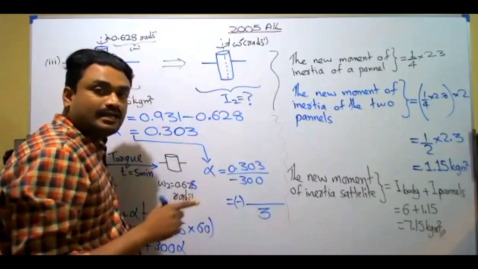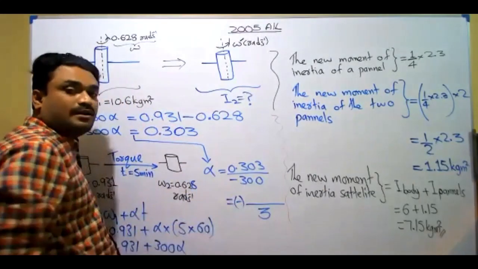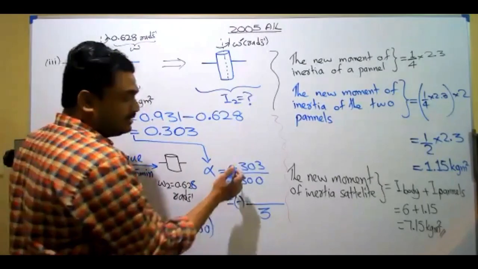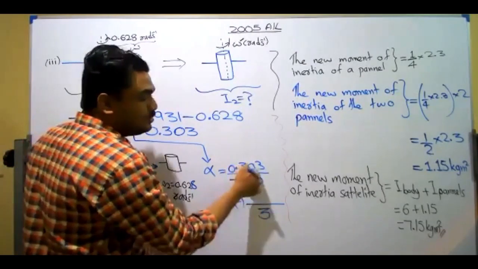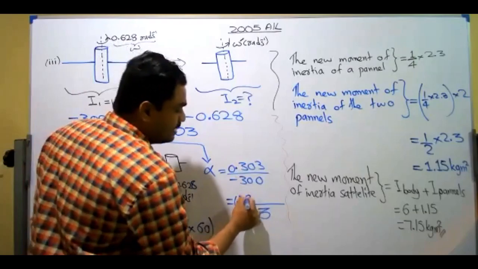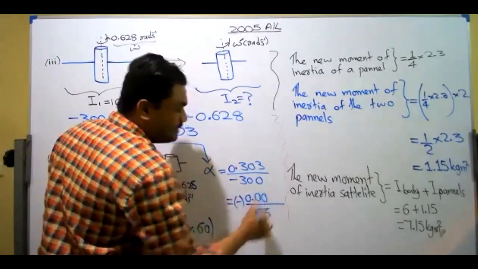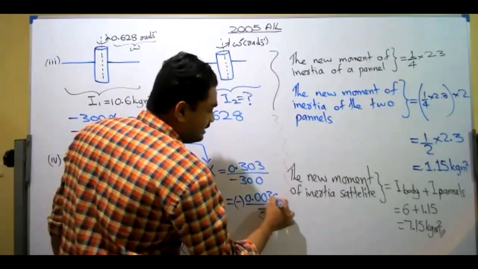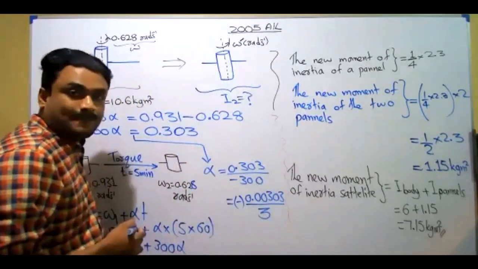I have divided the denominator by 100, so I should divide the numerator also by 100. So if you divide 0.303 by 100, 2 decimal points will be added, giving the 2 zeros of 100, and 0.303 will be there.